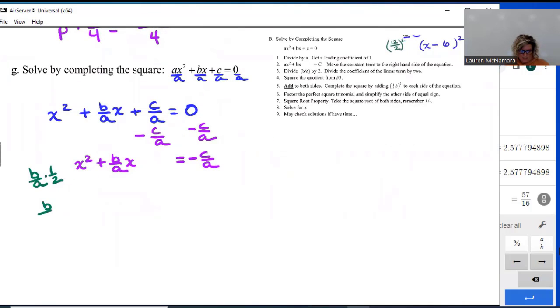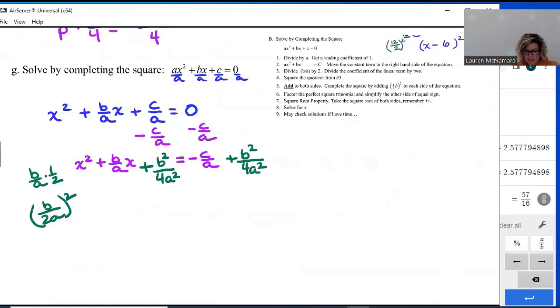So I get b divided by 2a and square it. So what am I going to add? Plus b squared divided by 4a squared. I'm squaring that whole fraction.